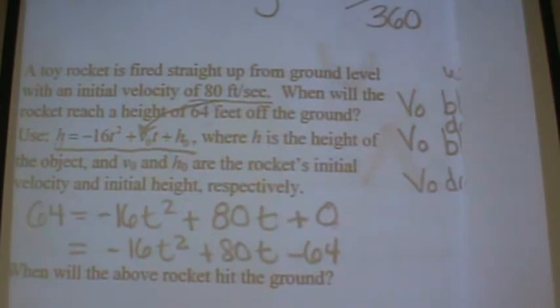So, here you have your rocket. You're on the ground. This is time, and this is height. So, 1 second, 2 seconds, 3 seconds, 4 seconds, 5 seconds. So when is it going to reach a height of, what did we say? 64 feet.